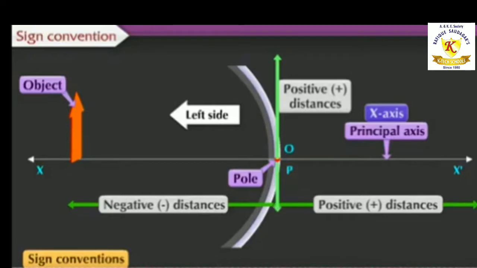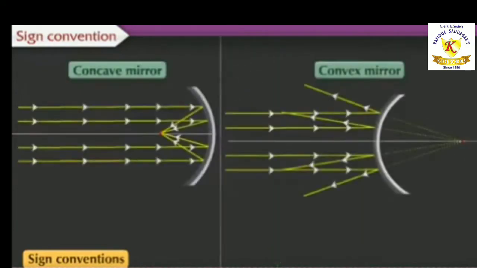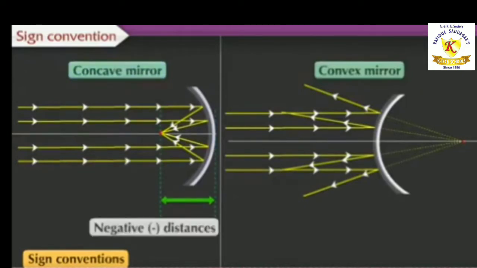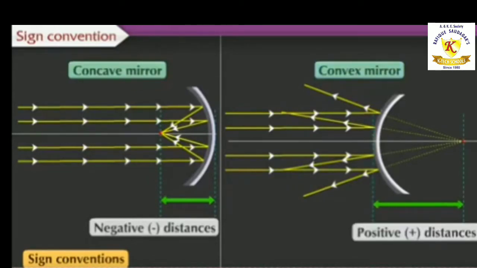Distances measured vertically downwards from the principal axis are taken to be negative. The focal length of a concave mirror is negative, while that of a convex mirror is positive. So children, these are the sign conventions. Do you understand, children? Okay.